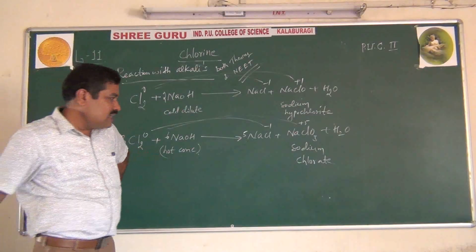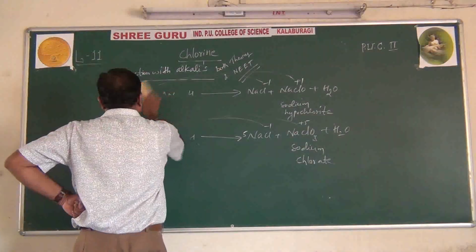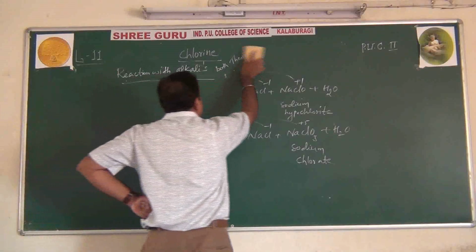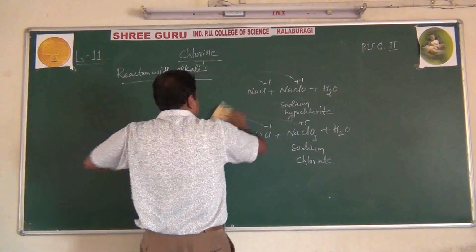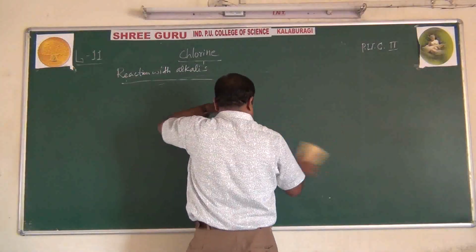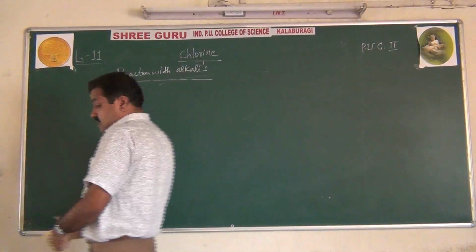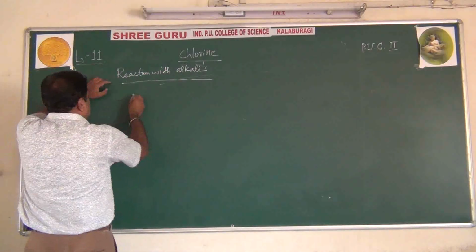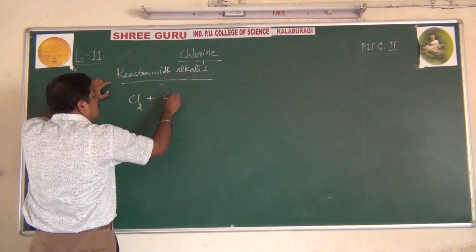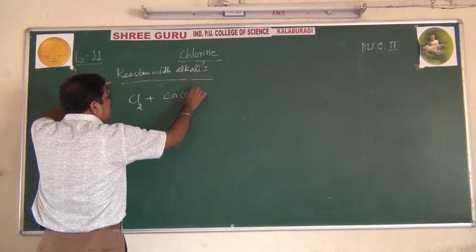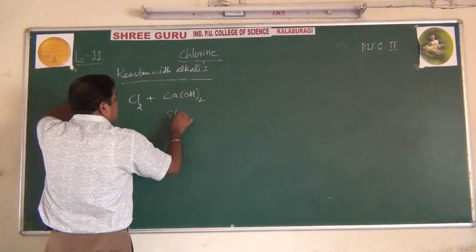Right, now coming lastly to the reaction with the weak alkali. We take calcium hydroxide, that is slaked lime, and react Cl2 with calcium hydroxide.